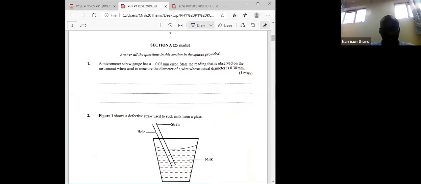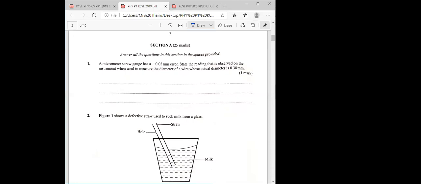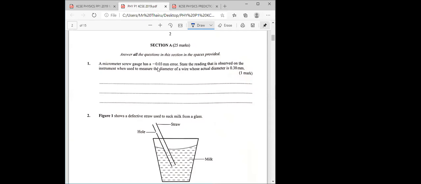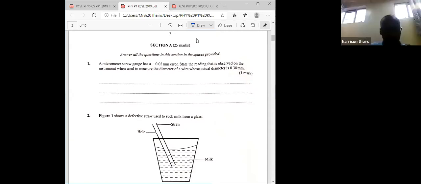Now, because we have the actual data, we don't know the reading. We say that it's going to be x, so we are going to add 0.03. So the moment you add 0.03, then it is supposed to give us the actual reading, which is going to be 0.38.